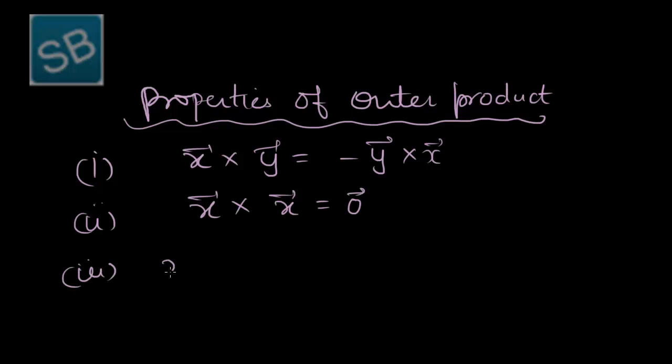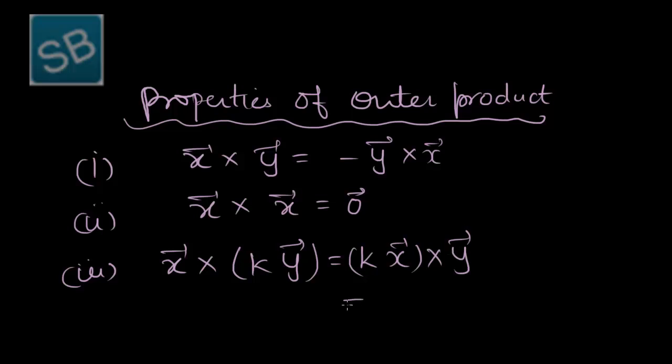The third one is vector x cross scalar multiplication of vector y with k gives k times vector x cross y, which is also equal to k times x cross vector y.